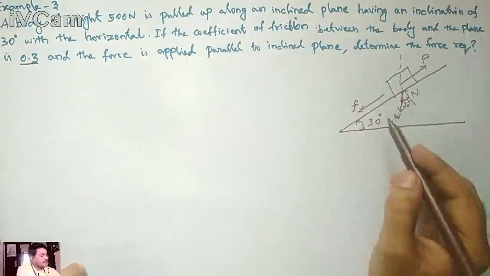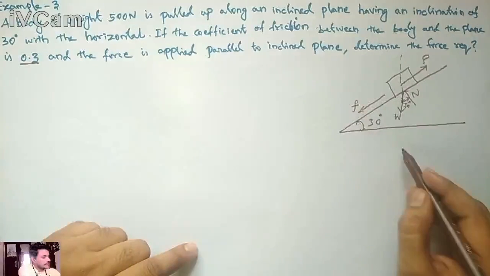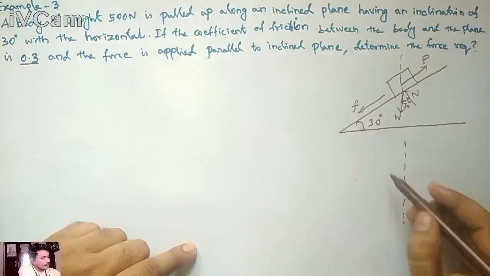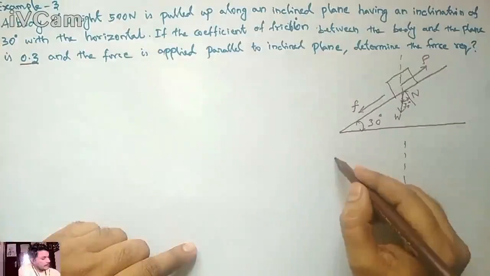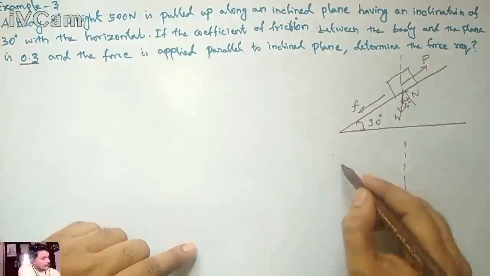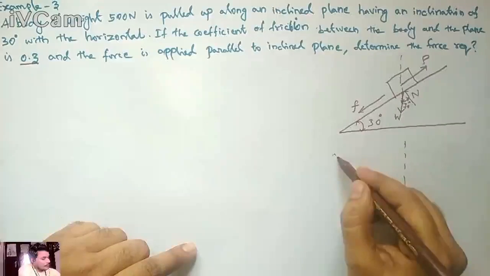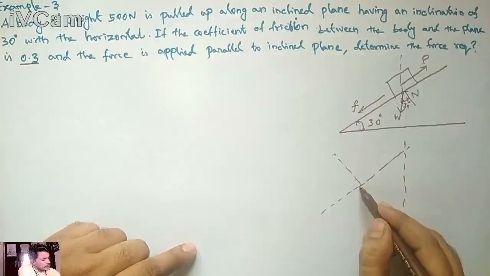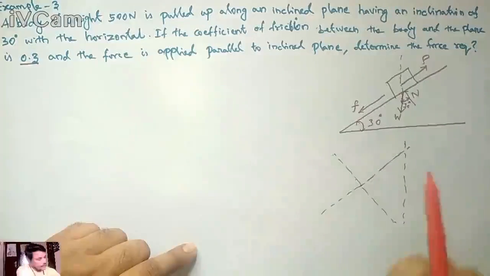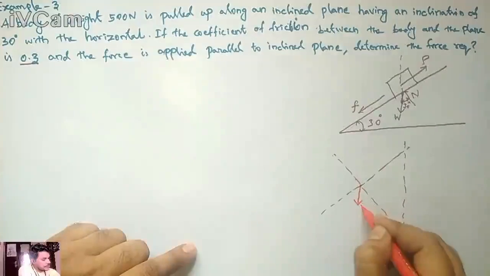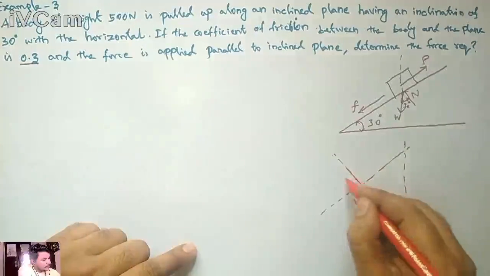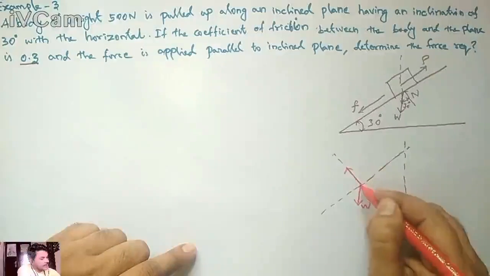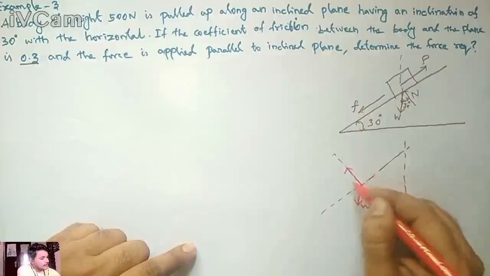So let me draw the free body diagram for this case. The downward force is acting in this direction, this is W, and the normal force is always acting normal to this inclined surface, or at right angle to the surface of the object.